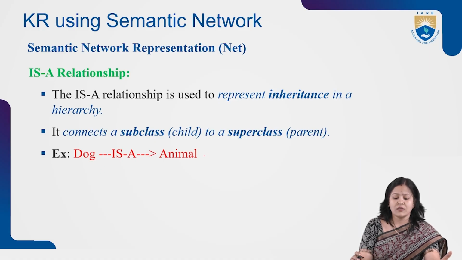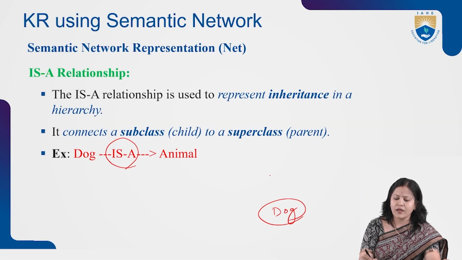Grammatical mistake doesn't matter, because the relationship is is-a. So what is the relation here? Is-a. We write the dog here and the animal at the top. So the dog inherits all the properties from animal, right?